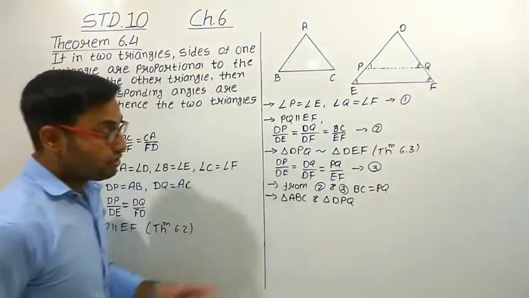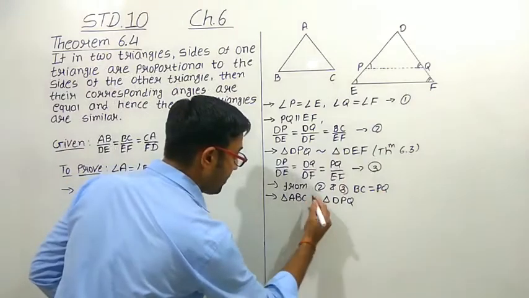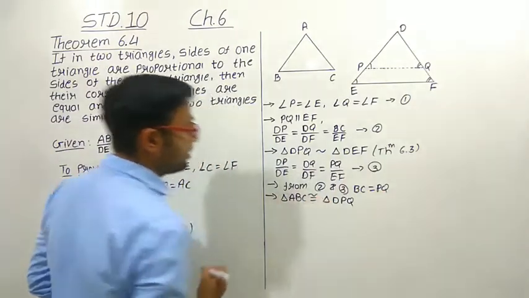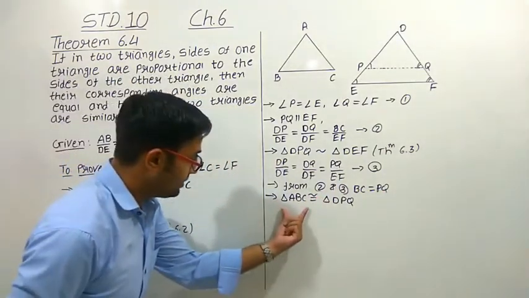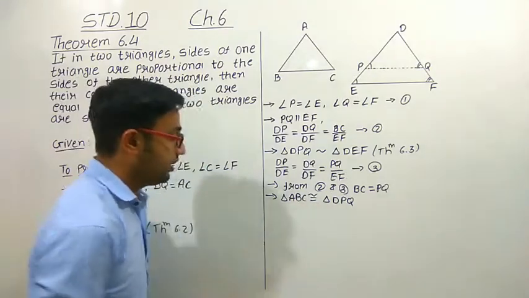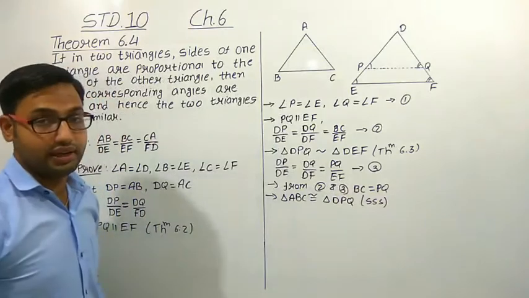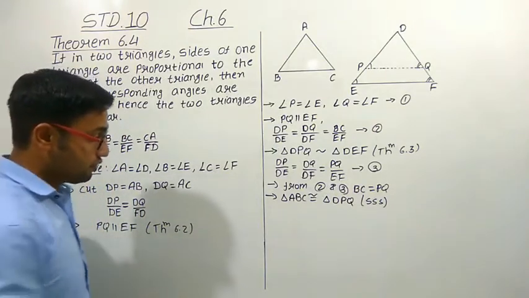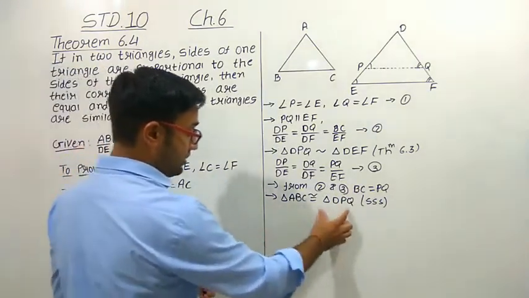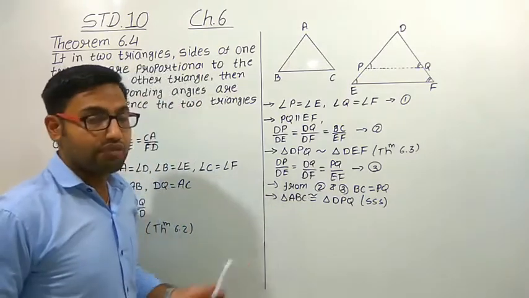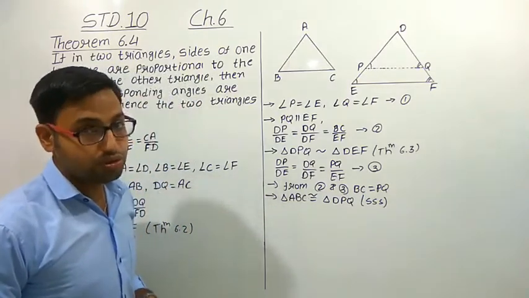That we proved here. So these two triangles are now becoming congruent. Triangle ABC is congruent to triangle DPQ according to the side criteria. Understand? So now, if the two triangles are congruent, their corresponding parts also become equal.